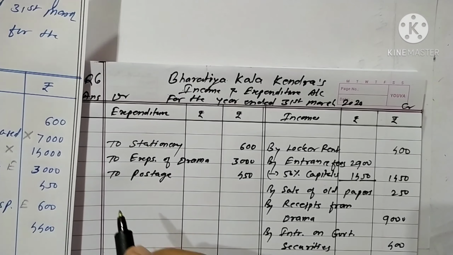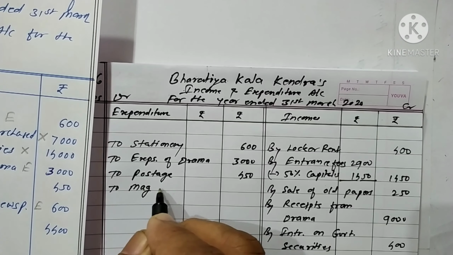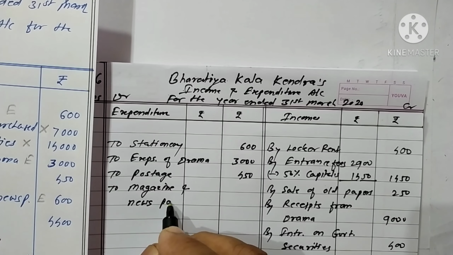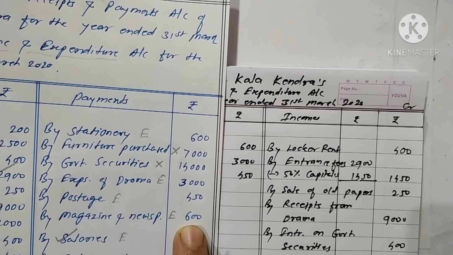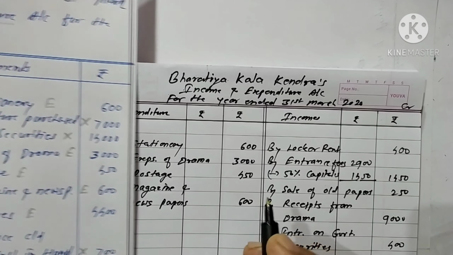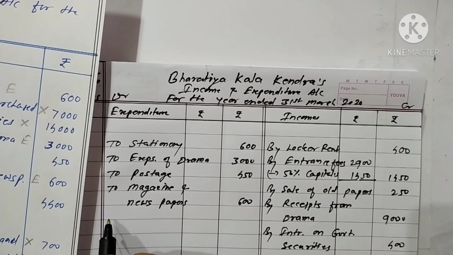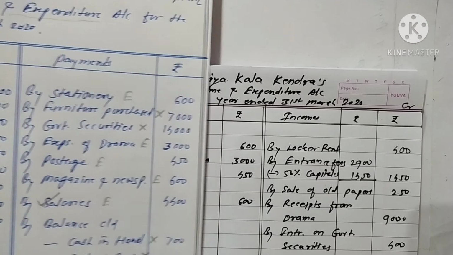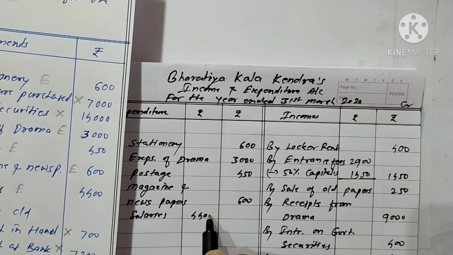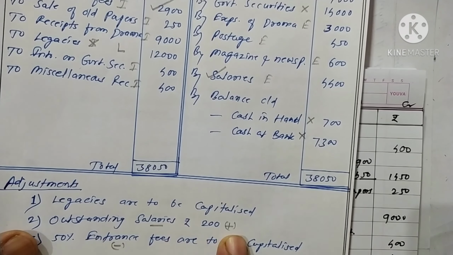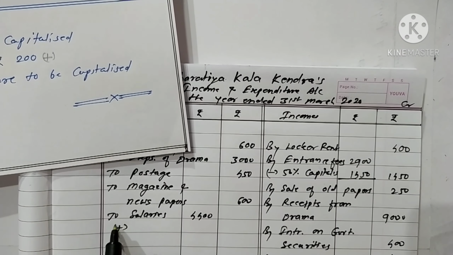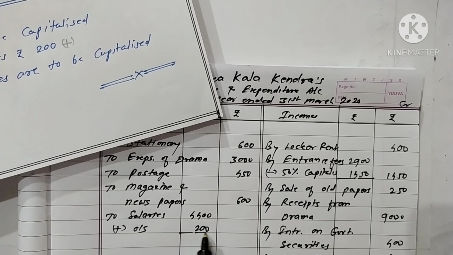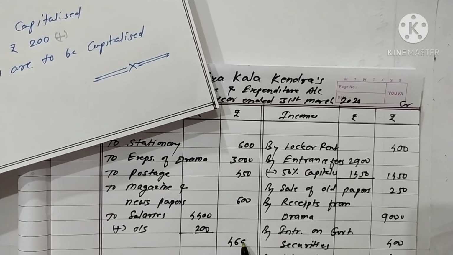Next, magazines and newspapers, rupees 600. Next, salaries. We write in the inner column 4400. We have to add outstanding salaries, rupees 200. Total 4600.